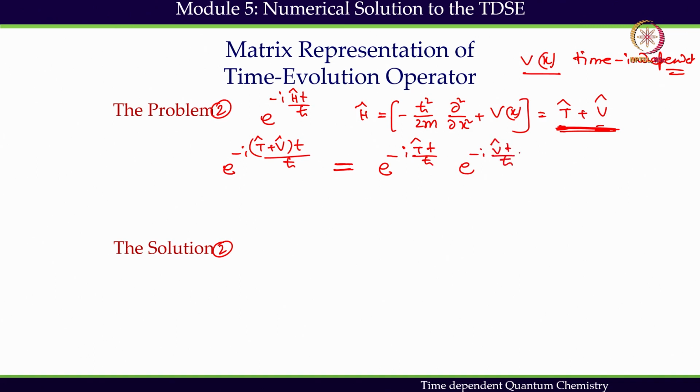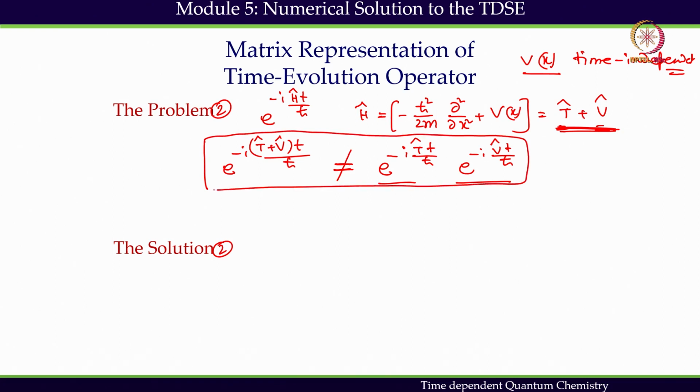We may assume that this is true, but this is absolutely not true. We cannot write it like this way. We cannot separate these two operators as a product of individual operators like this. This is not true, just because T and V, these two operators, generally do not commute.